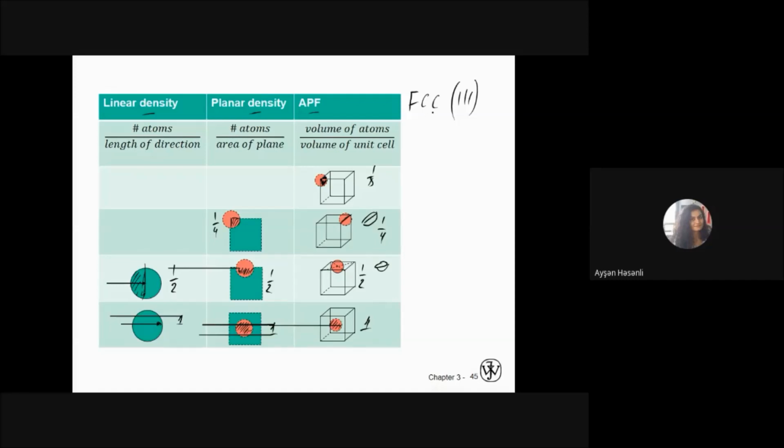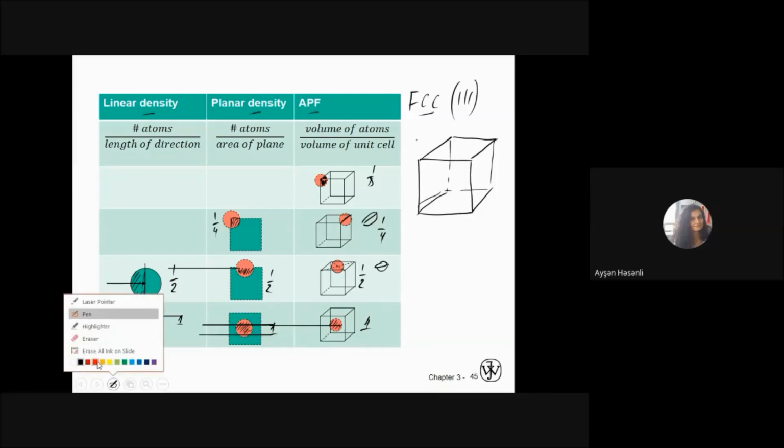For FCC crystal structure, imagine we had 8 atoms at the corners. I will draw the atoms which interest me. I will not draw all of it to make the picture simple. So 111 plane will be this.